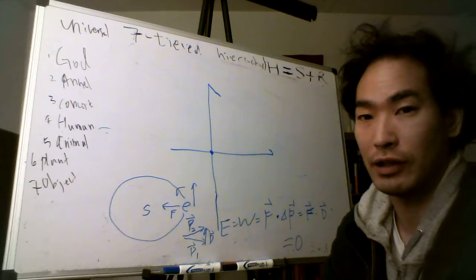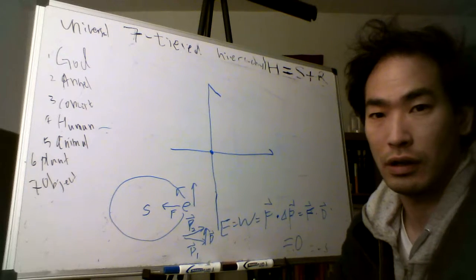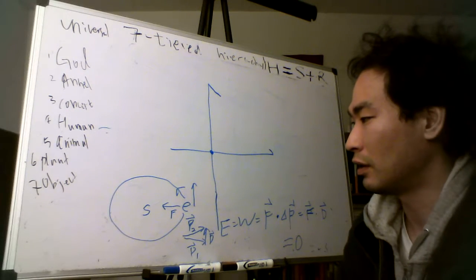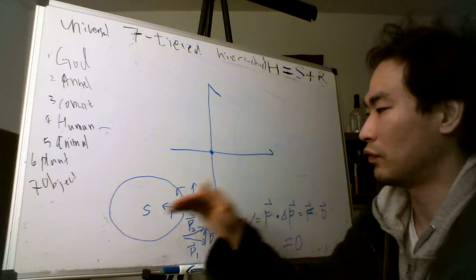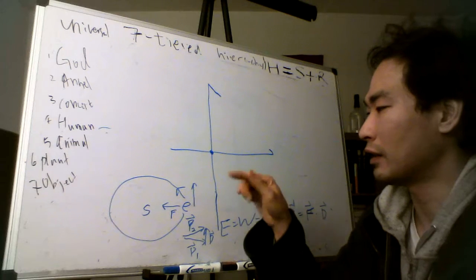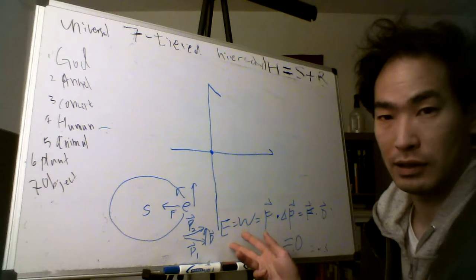There's no acceleration there. Okay, here, yeah, there is acceleration, but because the direction of this force and this movement is at a right angle, there's no work, there's no energy lost or gained.